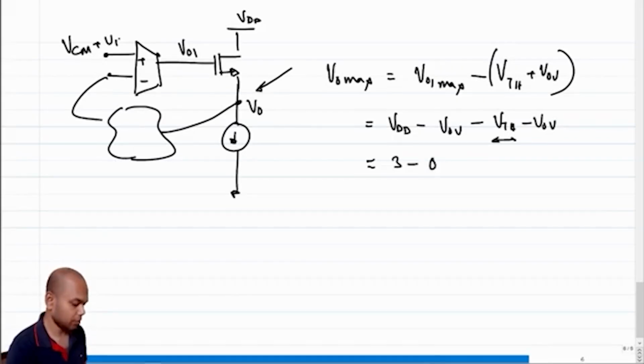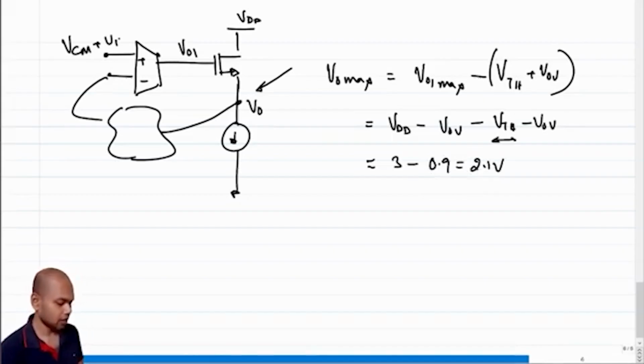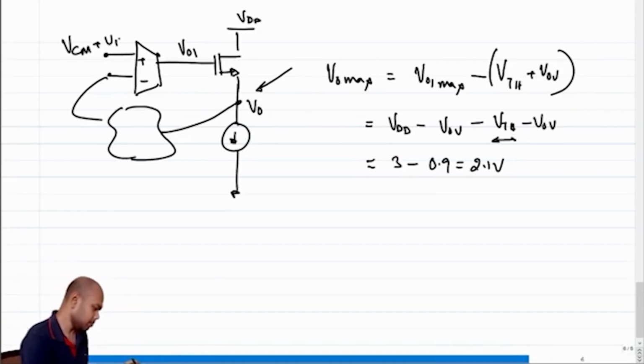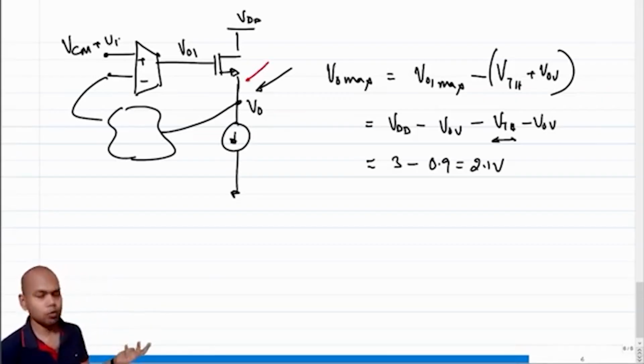So 3 minus 0.9, that is 2.1 volt. Okay, did I make a mistake? Yeah, right, 2.1 volt. So what is the maximum this voltage can go to? Then this voltage can go to 2.1 volt.